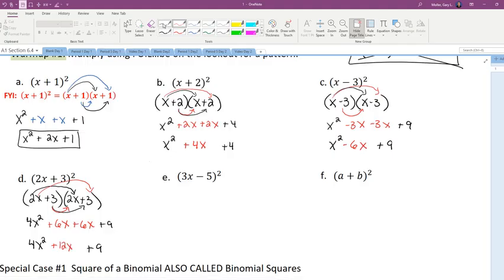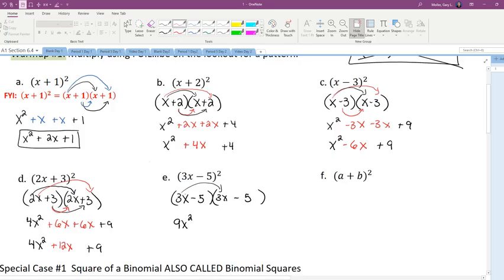All right, almost done. And along the way here, I'm hoping that a pattern is emerging in your eyes. And I'm trying to point that pattern out as I go with the different colors. 3x times 3x is just going to be square the 3, square the x, right? So 9x squared.